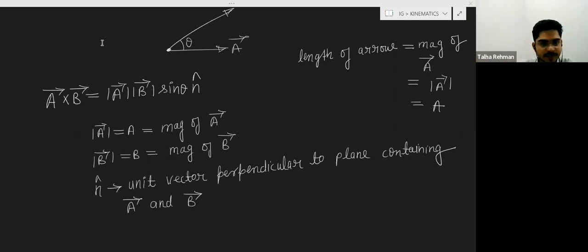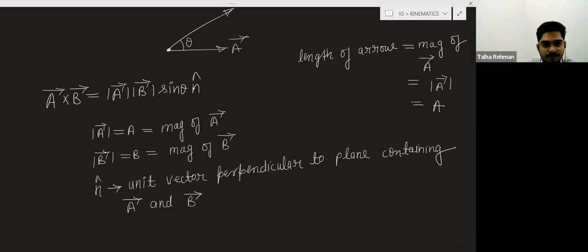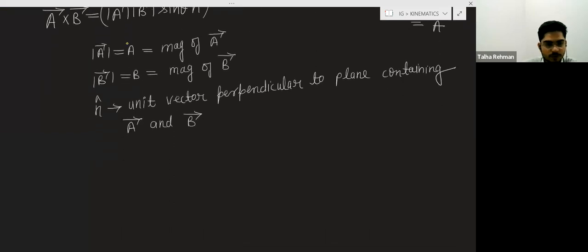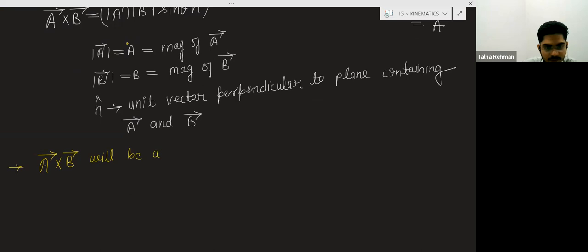Now, basically, this A cross B, you will get magnitude of A vector, magnitude of B vector into sine theta into n cap. So basically, this whole thing will be a vector. I am writing here: A vector cross B vector will be a vector.